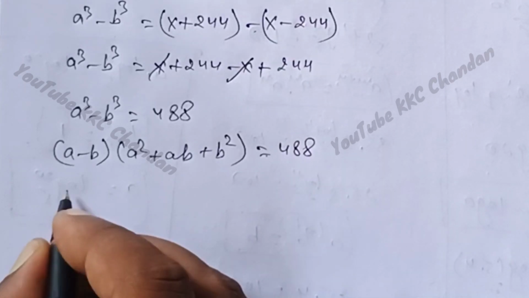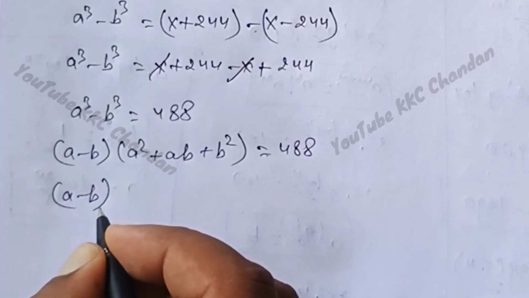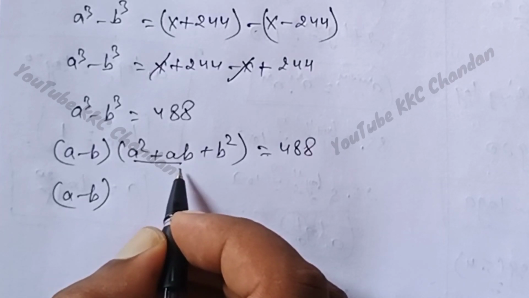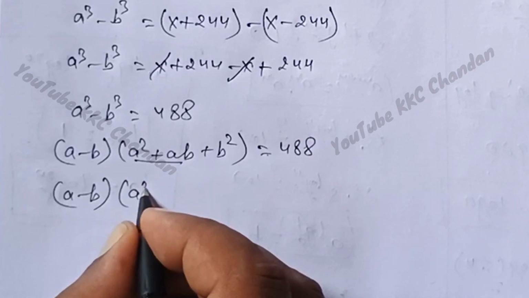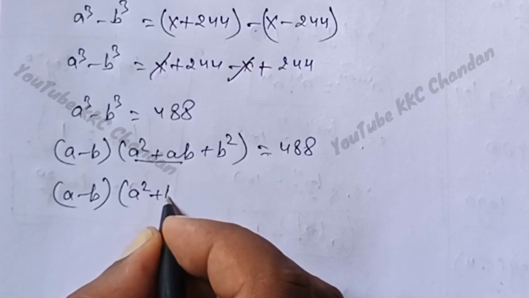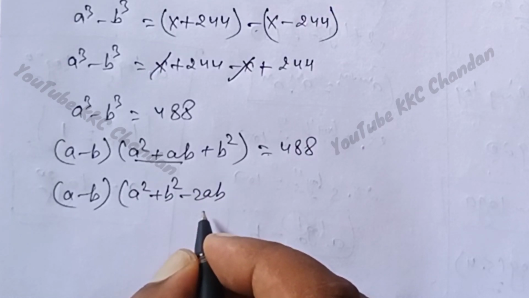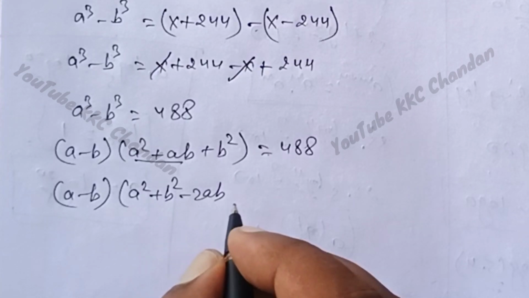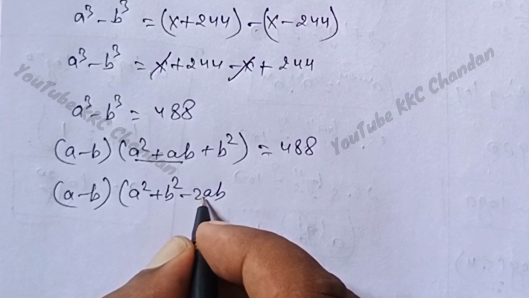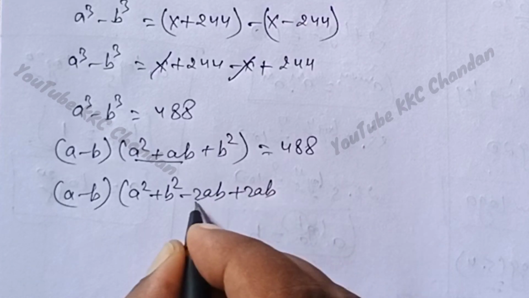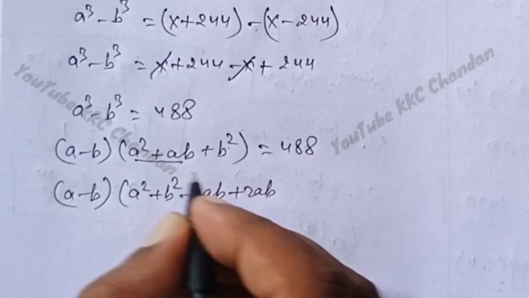Next step, A minus B. In this step, we will add A square plus B square minus 2AB. This is the (A minus B) whole square formula, so we will apply it here. Minus 2AB plus 2AB, both are cancelled, left it this.